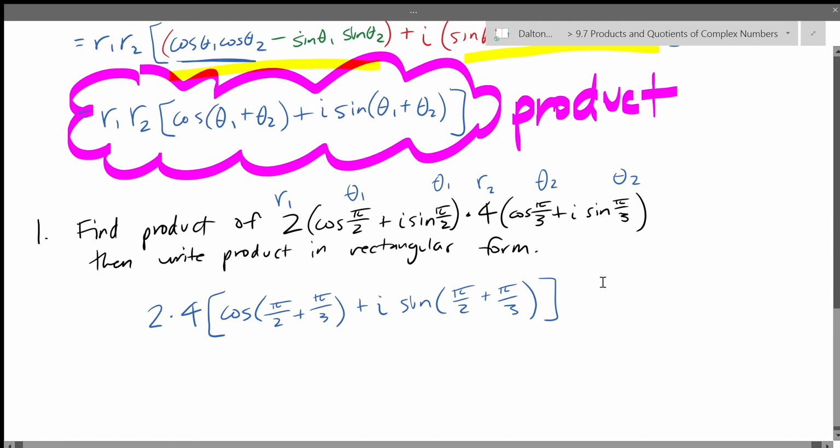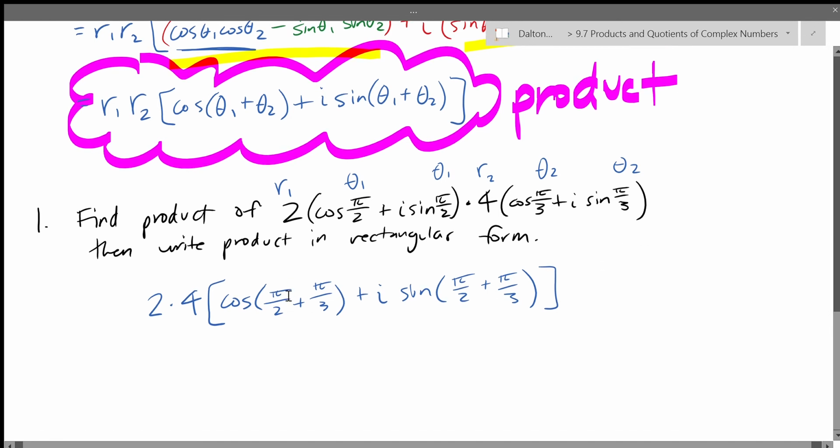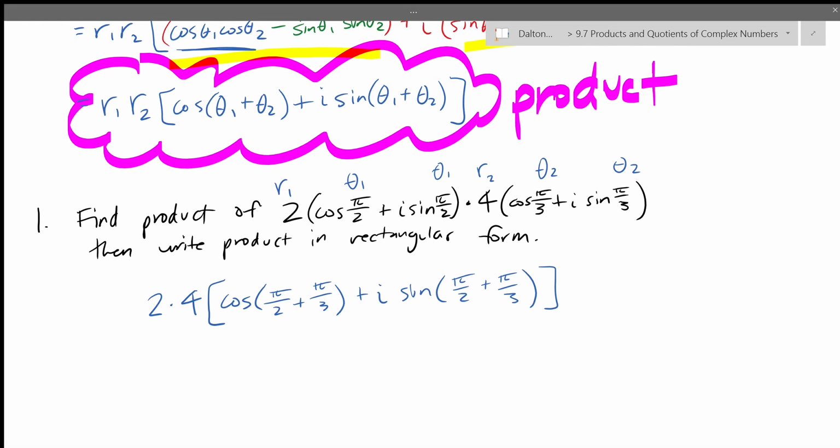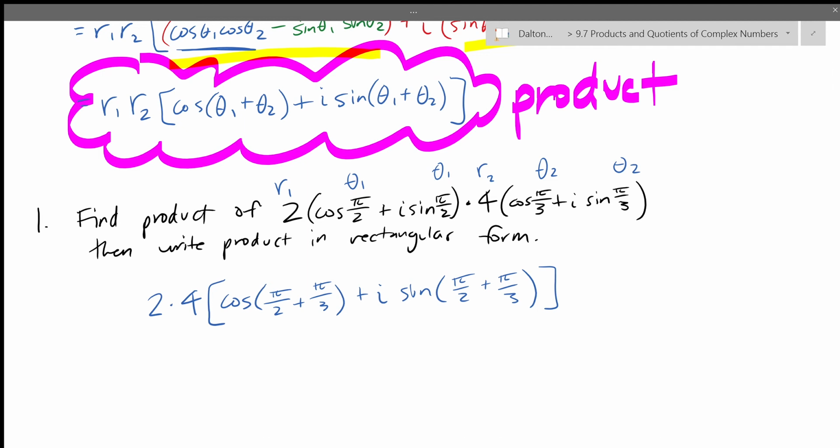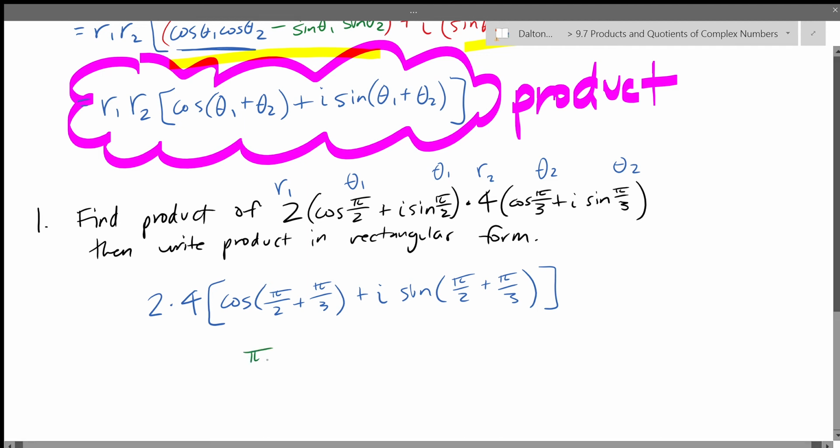And then your goal from here is to simplify the pi over 2 plus pi over 3. You can't use your calculator, because your calculator is not going to understand the pi unless you calculate it without it. So you'll have to go back to pen and paper, oh such a tragedy, to add these fractions. The rule for adding fractions is we have to have common denominators. The LCD among 2 and 3 is 6.